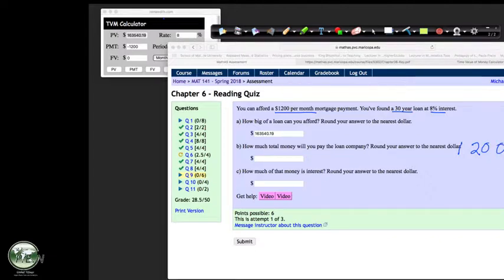Good. How many months will we make that payment? Okay, so those come from over here, the number of periods. So if we multiply those two together, what do we get? We get our answer.